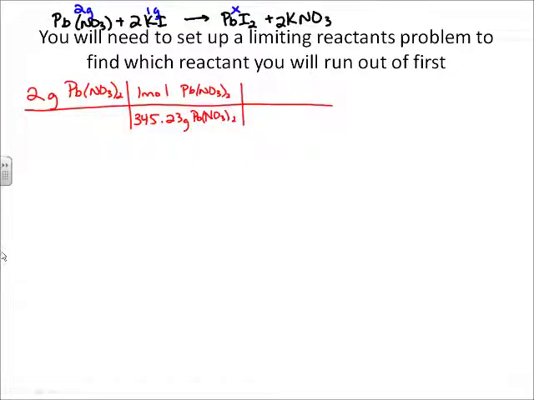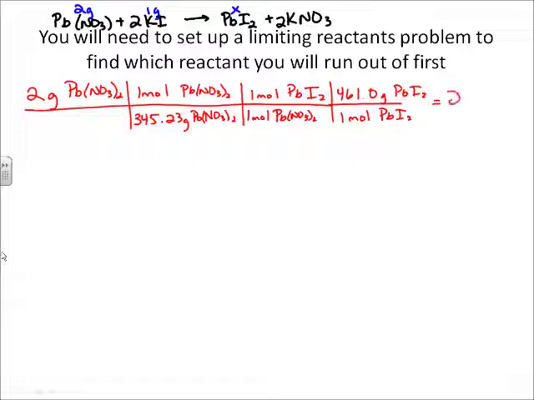Now we do our stoich step. 1 mole of lead-2 nitrate makes 1 mole of lead-2 iodide, which has a molar mass of 461 grams. So when we solve that, we have enough lead-2 nitrate to form 2.67 grams of lead-2 iodide.